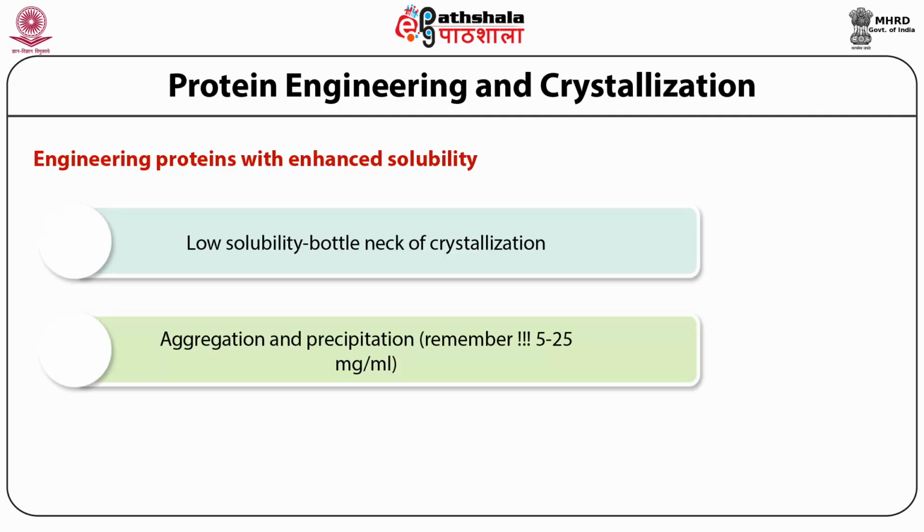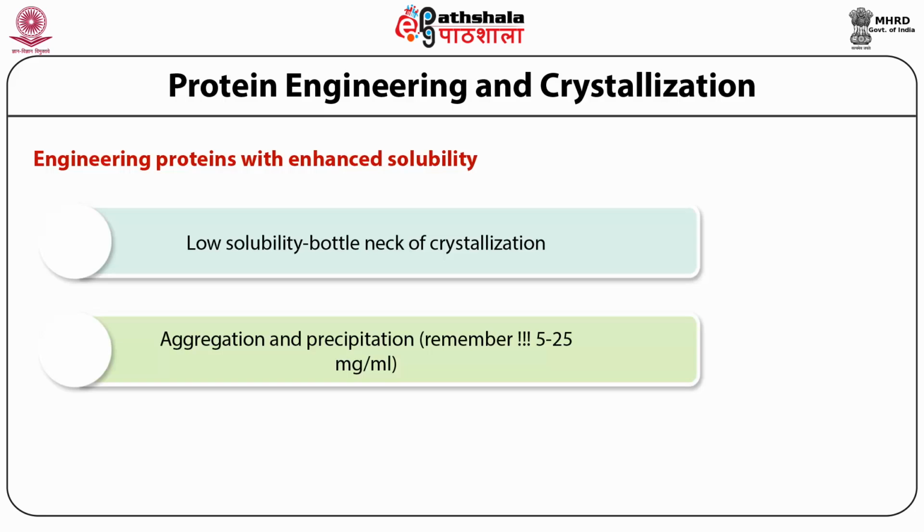That is the actual difference between the amorphous and the crystal. So in crystals, molecules are supposed to arrange in a desired orientation, in a symmetrical pattern, but this aggregation will prevent that, obviously. So when the protein has a low solubility, we can always have this problem which is called aggregation. So we have to overcome this aggregation.